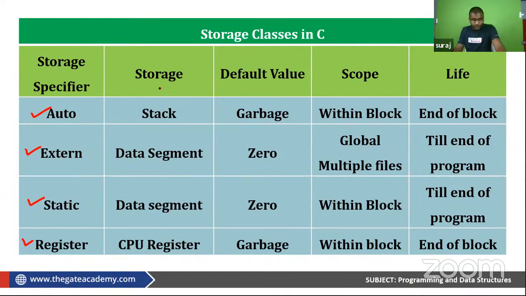It is going to be in the stack. Now, what is its default value? If you are not initializing anything, then it will take a garbage value. Garbage value means any value it will take. Now scope: where you can use it. That variable can be used within the block only, as we have seen in the example.